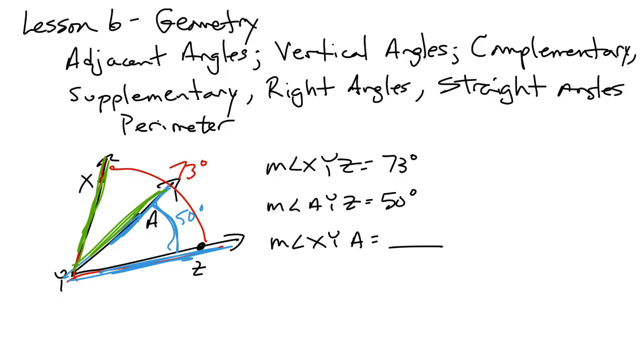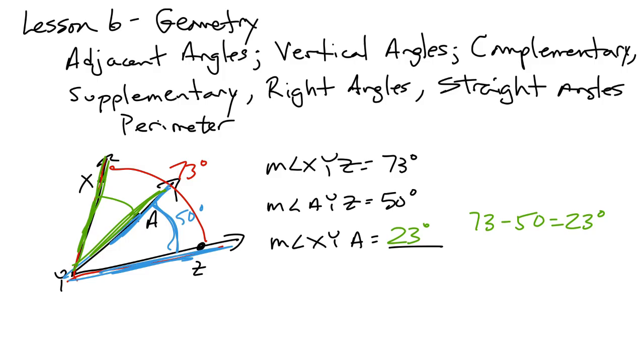So if this much of it's 50 and the whole thing is 73, to find XYA, this angle, we have to take 73 degrees and subtract 50 degrees, and we get 23 degrees. So sometimes you are adding, sometimes you are subtracting. It just depends on the problem.